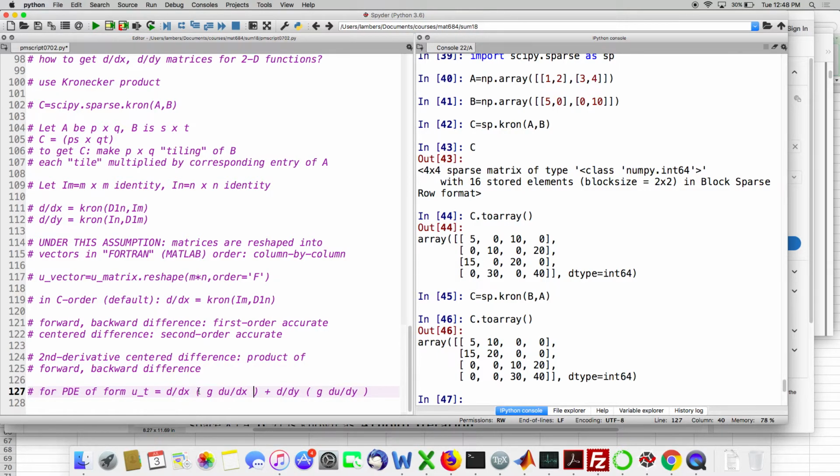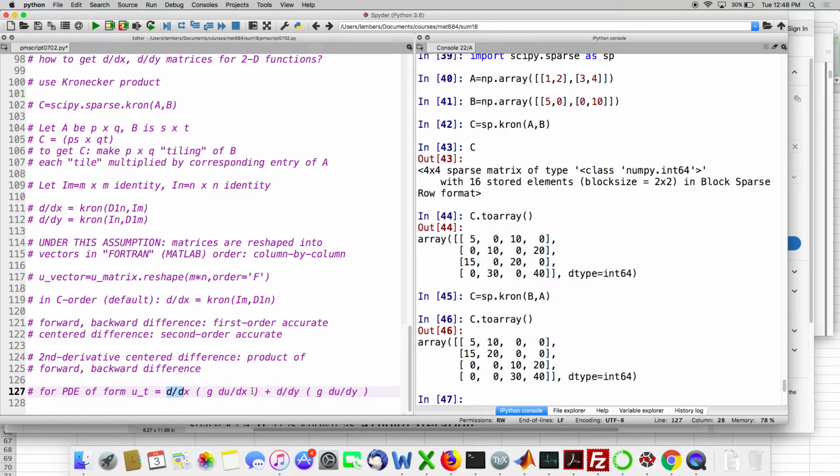One way is you would use different differentiation rules for this derivative versus this one. For instance, you could use forward difference here and backward difference here, or vice versa.